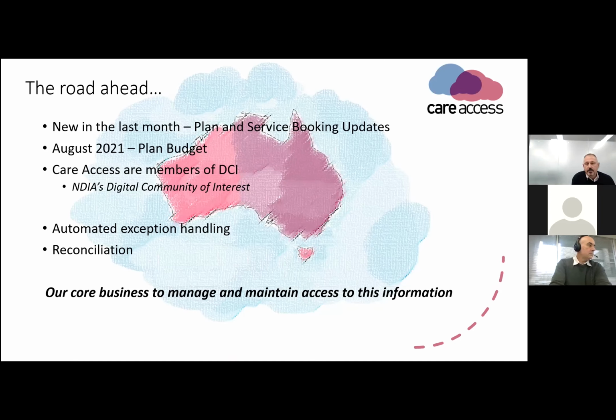We will get more details about that at our next DCI meeting. We are part of the NDIA's Digital Community of Interest, a group that meets every couple of months, and we feed back from the market as to what the participants, the providers and the plan managers are needing. And of course, the NDIA are then looking at how they can develop the APIs to meet those needs.